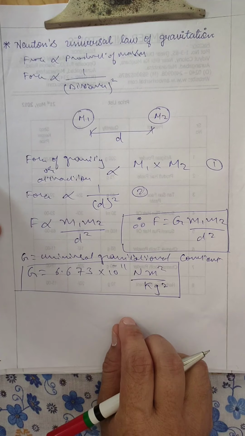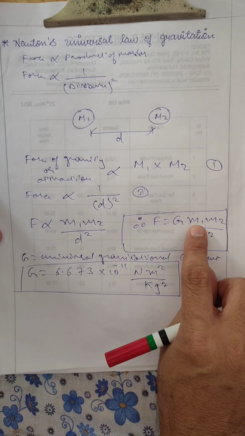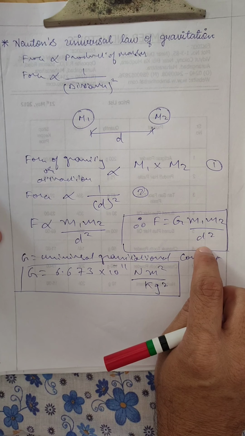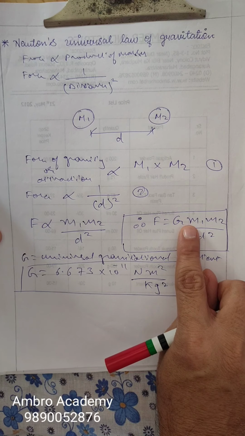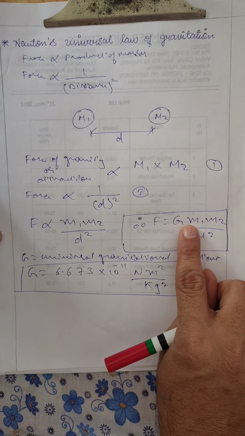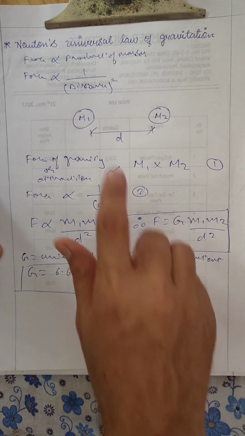If you want to find the value of G, let the masses be 1 kg each, separated by a distance of 1 meter. Then we can directly say the gravitational constant is equal to the force of attraction. Here what we should know is the distance.